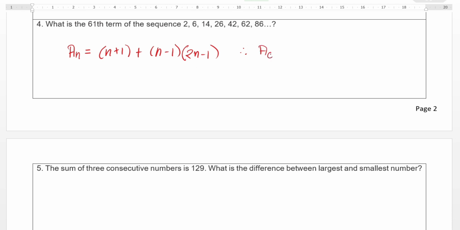Therefore, a of the 61st equals 61 plus 1 plus 61 minus 1 times 2 times 61 minus 1 equals 7322.